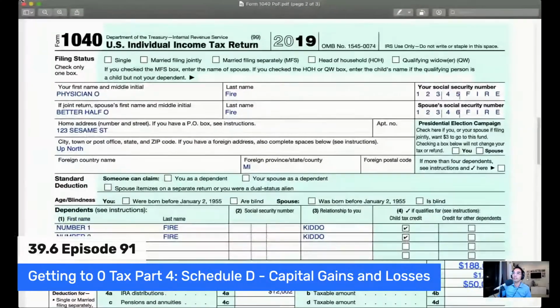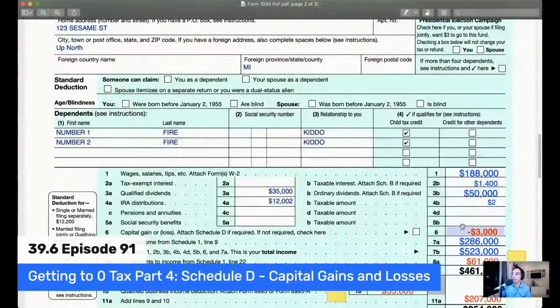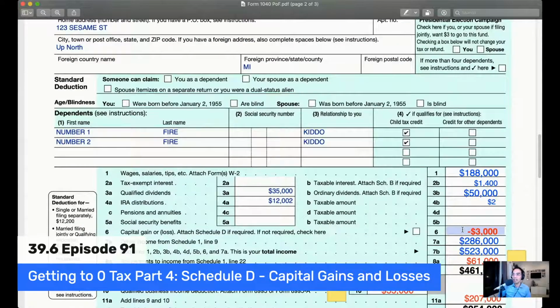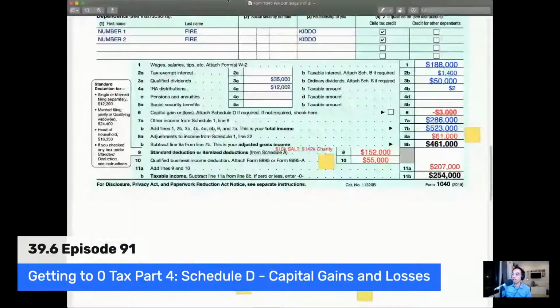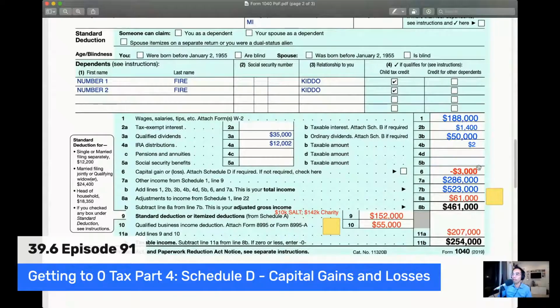There we go. And if you remember here on line number 6, capital gain or loss, attach Schedule D if required. So here it is, negative $3,000. So you can send $3,000 over here to your 1040, and that will subtract from your line 1 wages, offsetting your ordinary income.